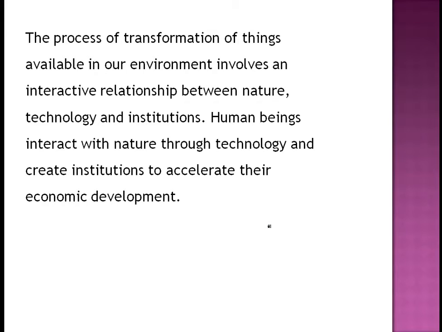The process of transformation of things available in our environment involves an interactive relationship between nature. Here we are talking about the process of transformation of the things available in our environment, which involves the interaction between the three things: nature, technology and institution.